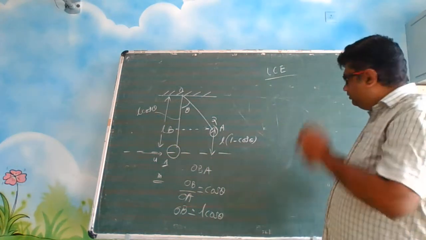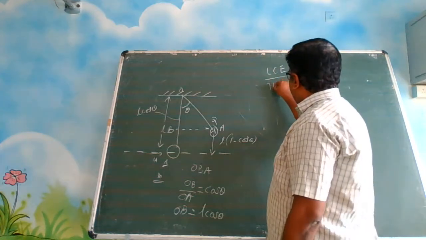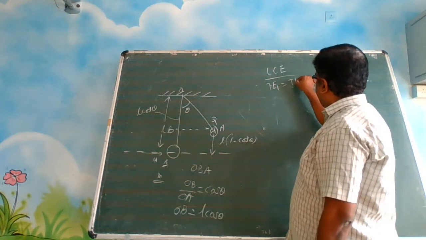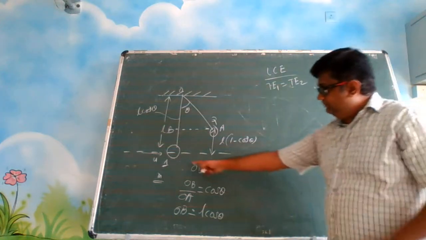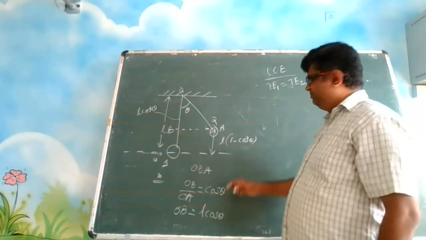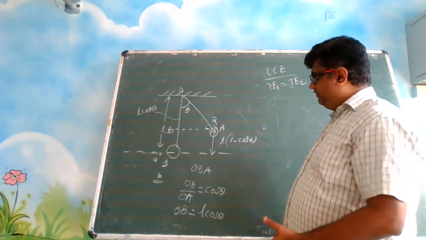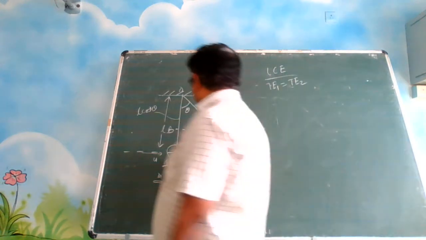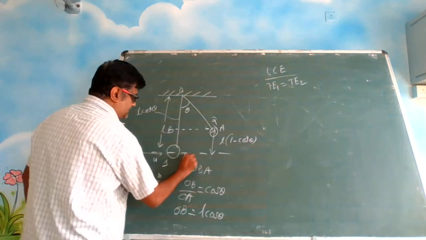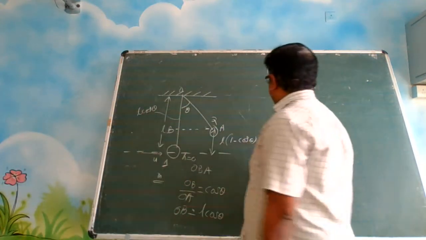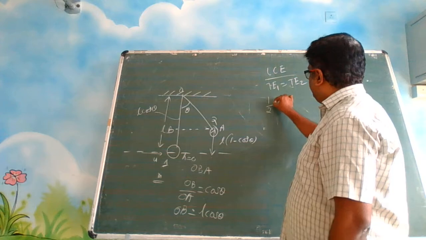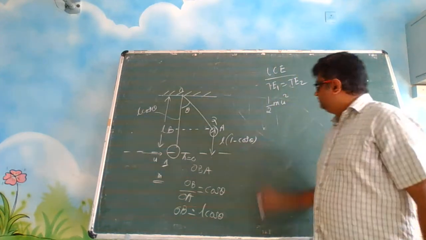So we can write TE1 is equal to TE2. Here only kinetic energy is there. Potential energy is not there because the height here is 0. If height is 0, no potential energy. So here kinetic energy is half mu square.